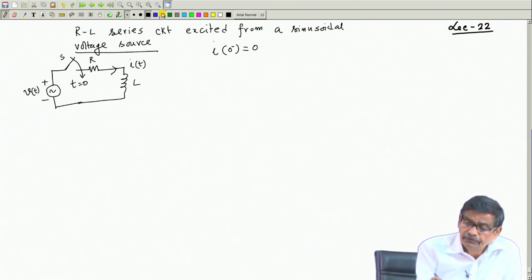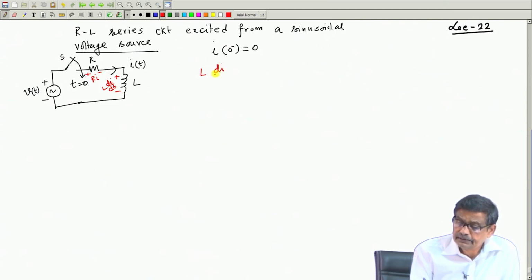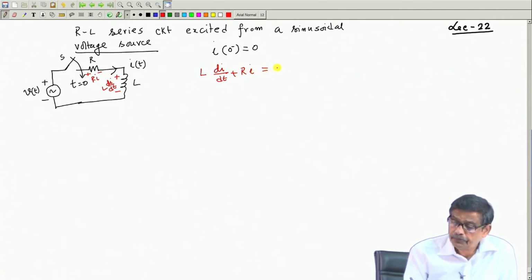Then the first step is to write down the voltage drops, that is R I here with proper polarity, and this is L d I d t. And we know that the sum of these two voltages, L d I d t plus R I, is equal to your input V t.